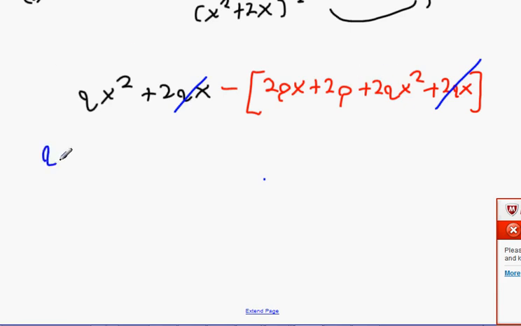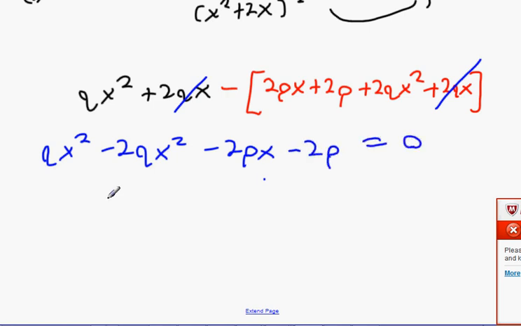So qx squared minus 2qx squared, we'll just write it out, no skipping: 2qx squared minus 2px minus 2p all equals 0. We're going to get minus qx squared minus 2px minus 2p equals 0.